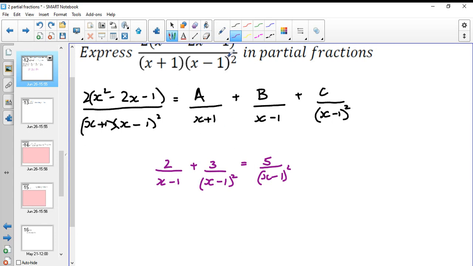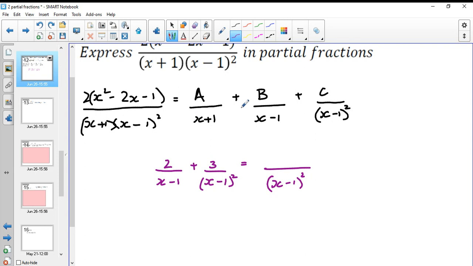Because this is a factor of x minus 1 squared, if you were to add these two together, the lowest common denominator will be x minus 1 squared.